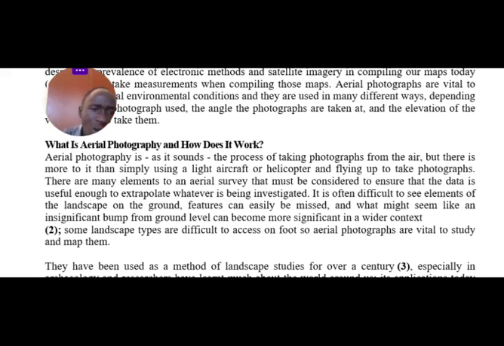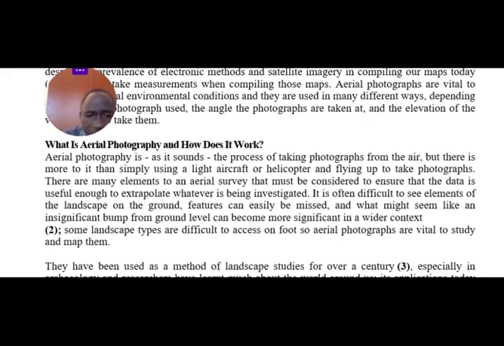So they are saying, what is aerial photography and how does it work? I've told you what the aerial photograph is. So somebody here is saying that aerial photography is the process of taking photographs from the air. But there is more than simply using light aircraft or helicopters and flying up to take photographs. Definitely, that's what I told you about the aerial photographs.